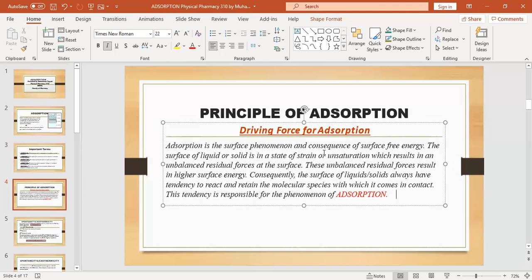As you know, if we consider a liquid medium, all the molecules in the liquid have balanced forces around them. Only the molecules present at the surface have unequal forces, and we call that surface tension. So surface tension is also a form of free energy, meaning there is a force which is responsible for work done. Let's proceed further.